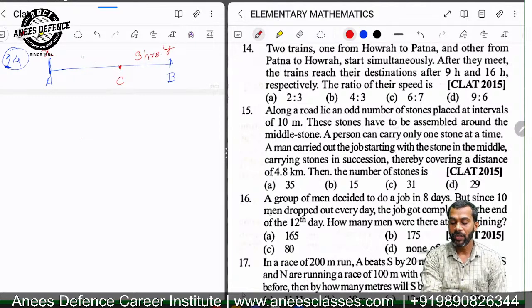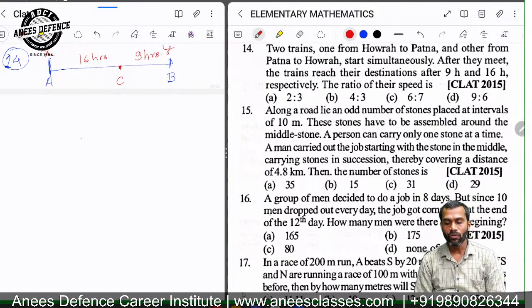Yes or no? And Y takes 16 hours. I mean, X takes 9 more hours after meeting Y, and Y takes 16 hours after meeting X to reach their respective destinations.